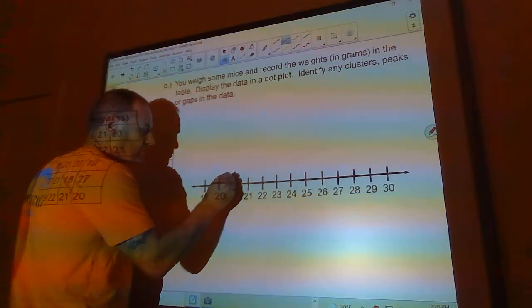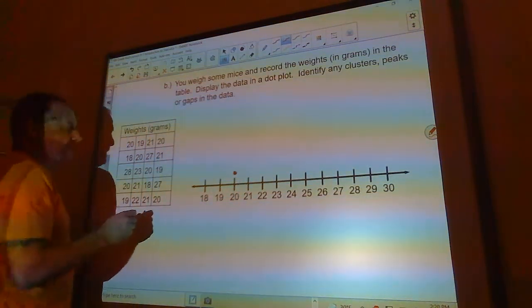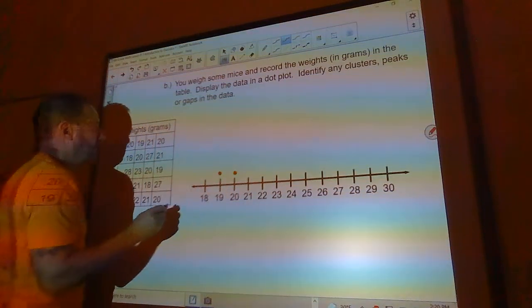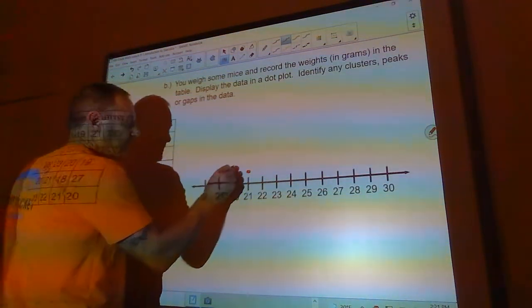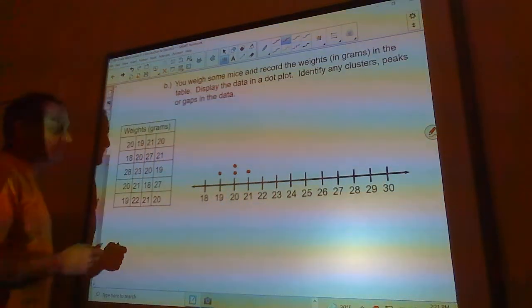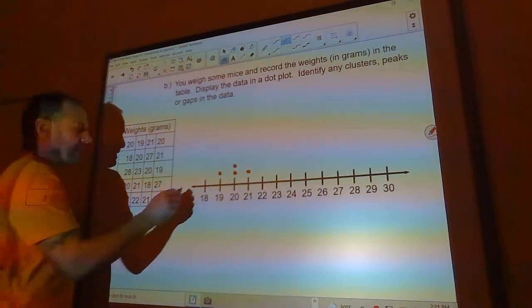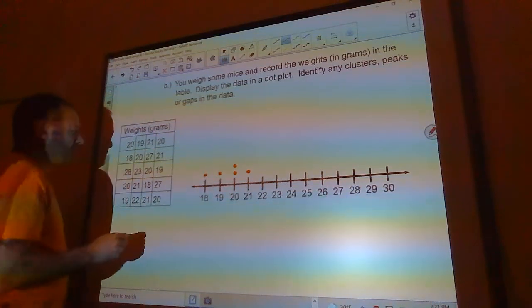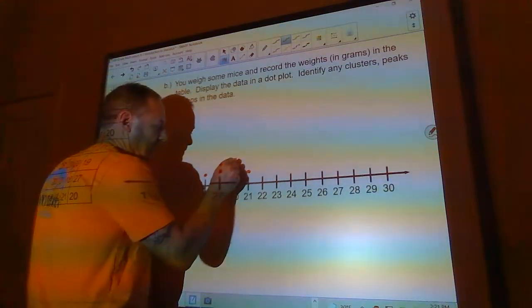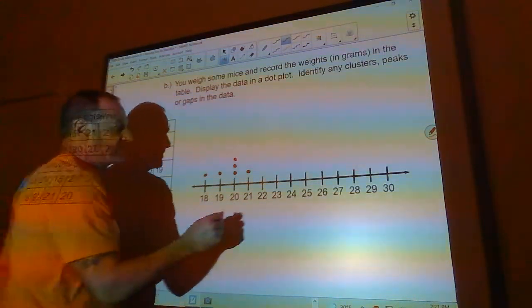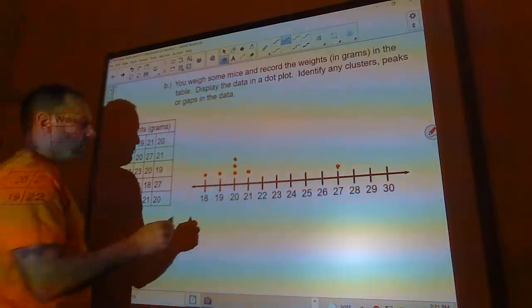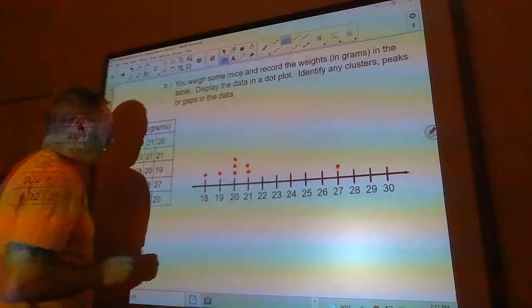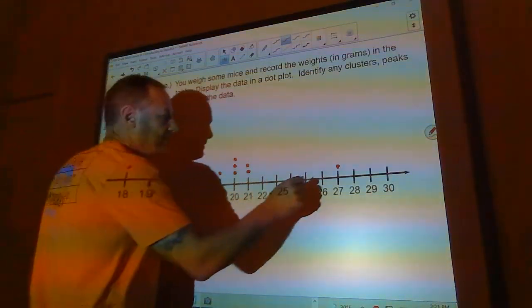So you'd have a 20 and a 19 and a 21 and another 20. Now you want to evenly space these vertically. Okay, so then we got an 18 and you got another 20 and a 27. This is a big mouse right here. Okay, then another 21, 28.